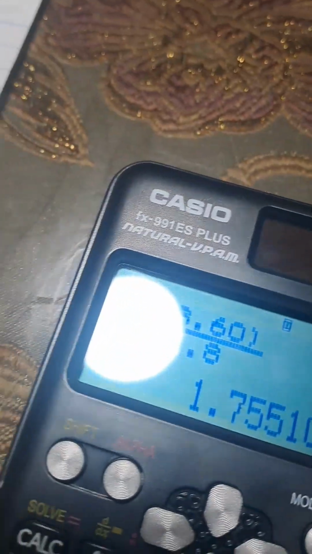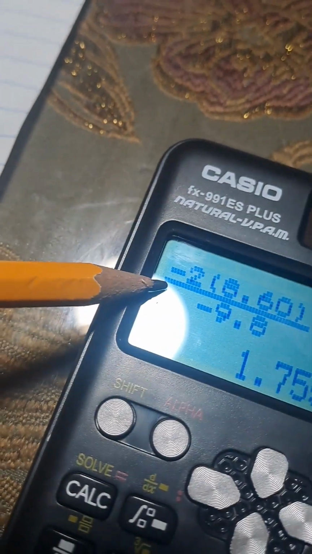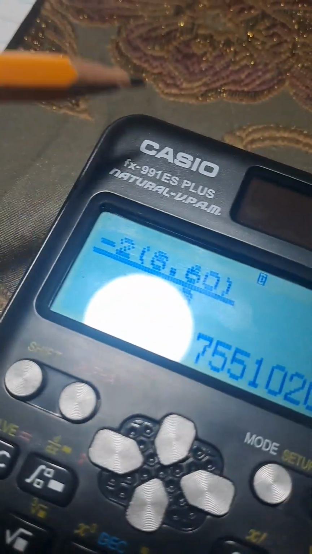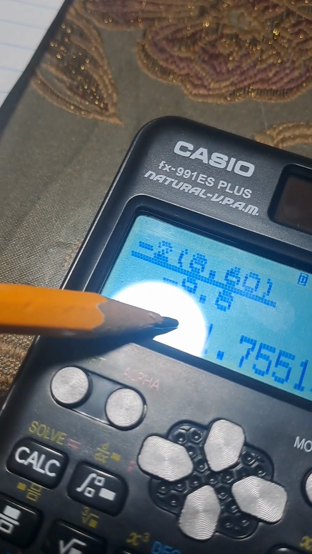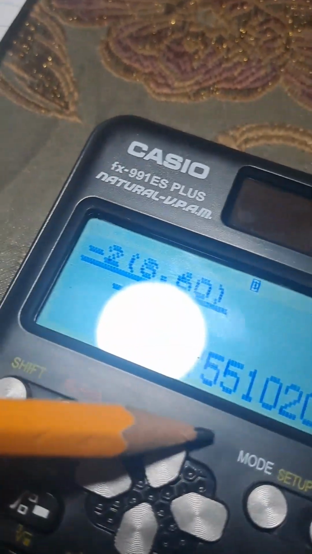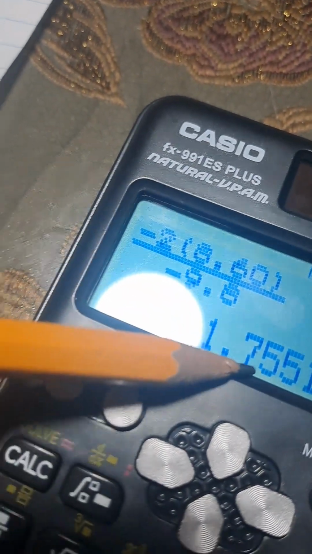You can just do this in your calculator if it works, where you press this one and then add the components on top and bottom. It's very simple actually, and then you'll get the answer of 1.76.